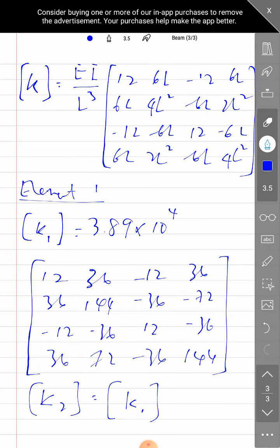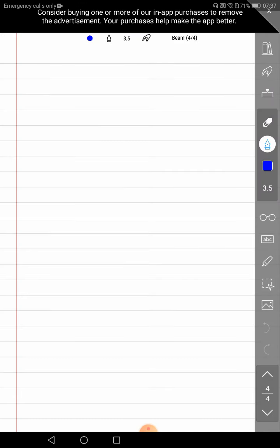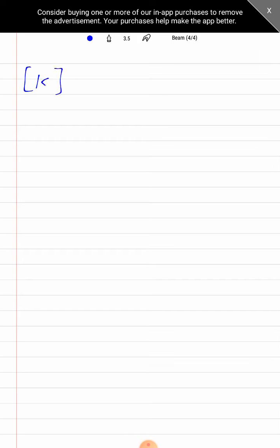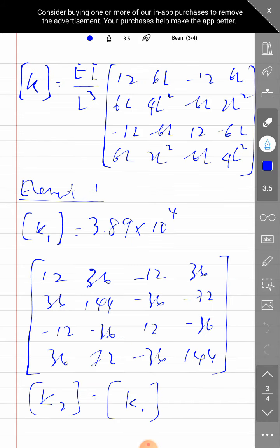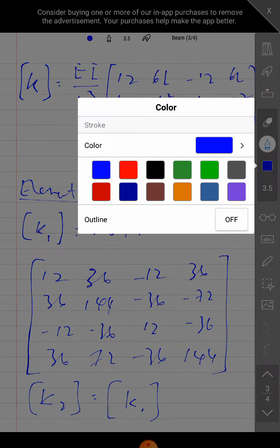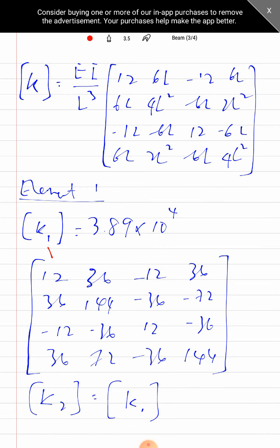Now we want to find the global K. So for the global K, we just superpose those two element K. Okay, so basically this is for element 1. Remember this is V1 theta 1, V2 theta 2, right?